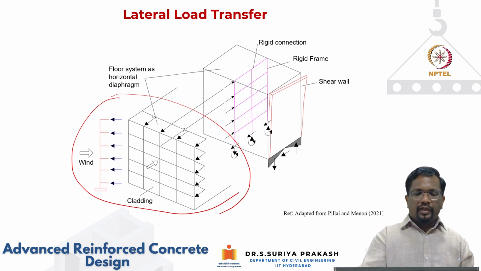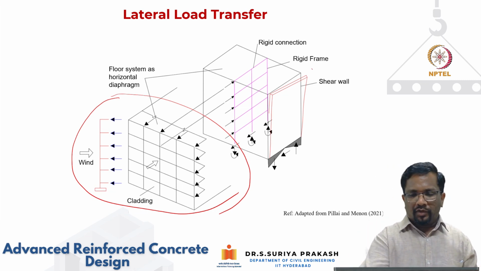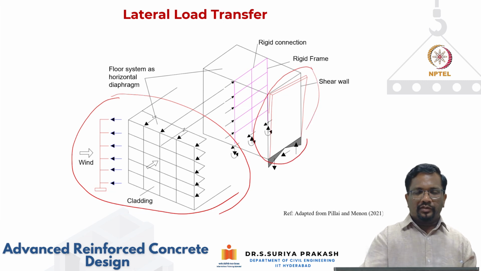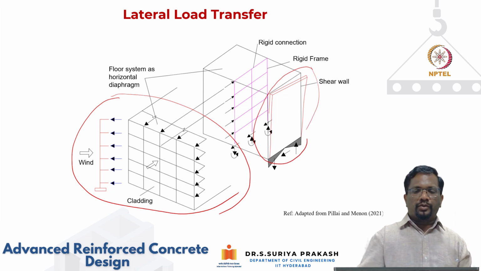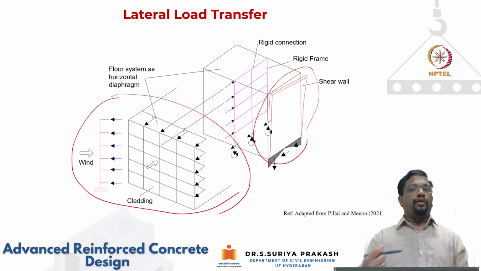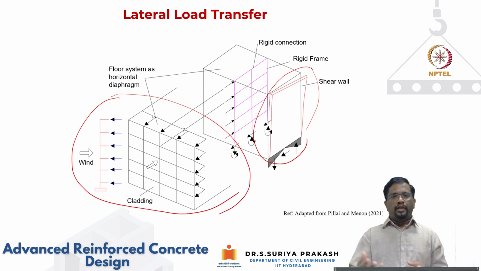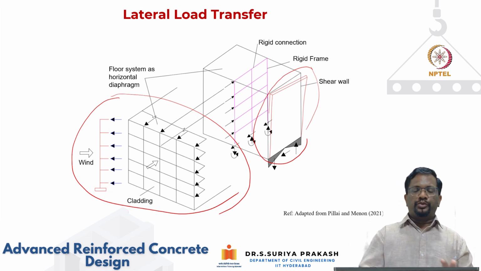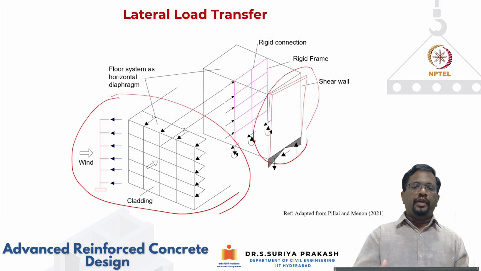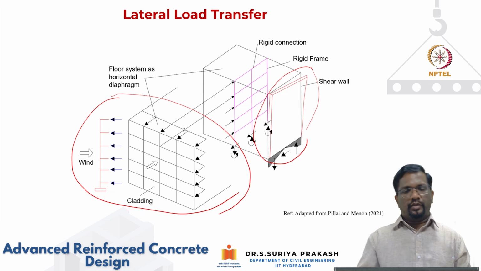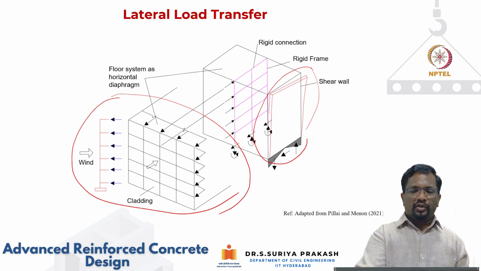In a similar way, if you have a shear wall frame and a moment resisting frame, and your shear wall is quite rigid and stiff, then it is going to attract all the forces. That is the way we design high-rise buildings, making sure we put shear walls in such a way that they relieve the lateral load to the moment resisting frames. So both of them will act together.